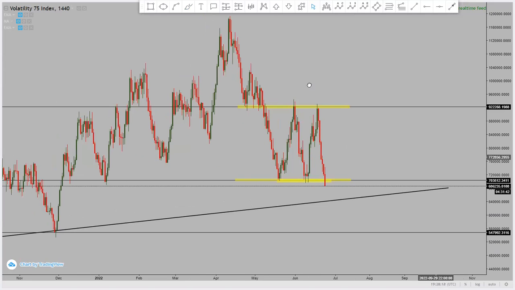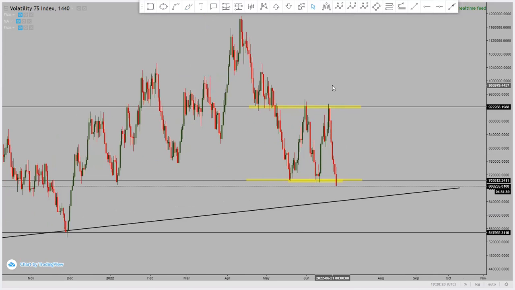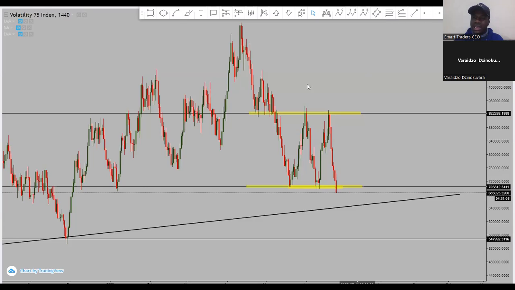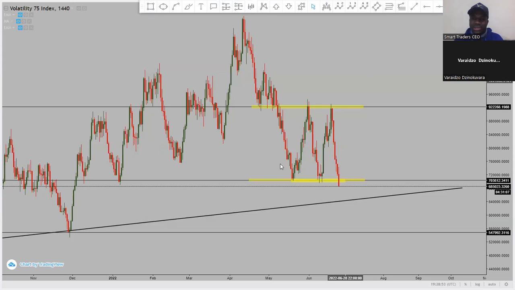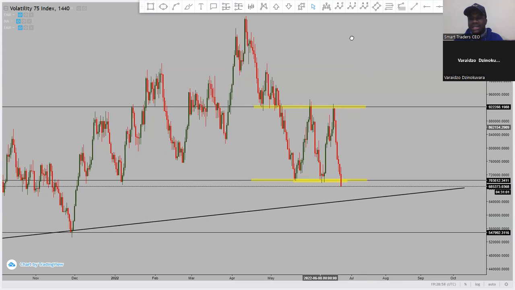If you check from the morning, I was saying that since morning, price didn't really fully confirm that the trend is bullish, because even on smaller time frames, price did try to break out of that downward channel, but never really broke market structure to say we are now in a bullish momentum.